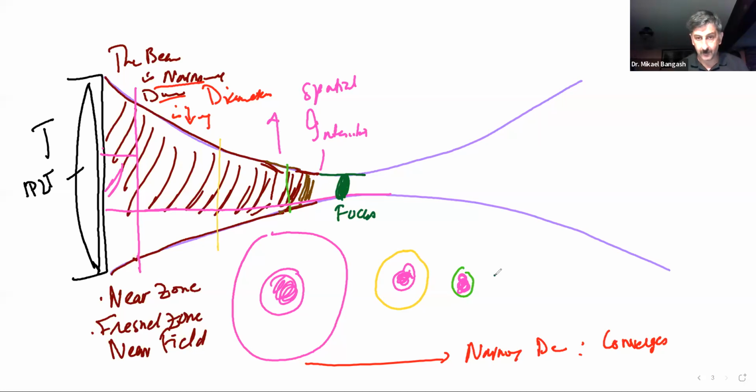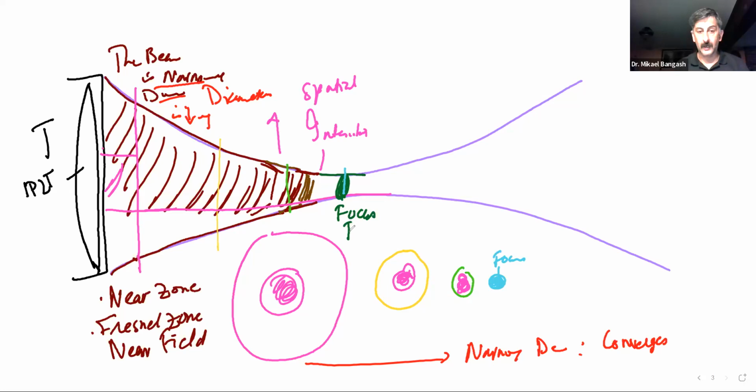The point in the entire course of the beam where the beam is at its narrowest point. If you took a cross section at this point here, this would be the beam, which mainly means that this beam is not going to get any narrower than this. That is what we call the focus.